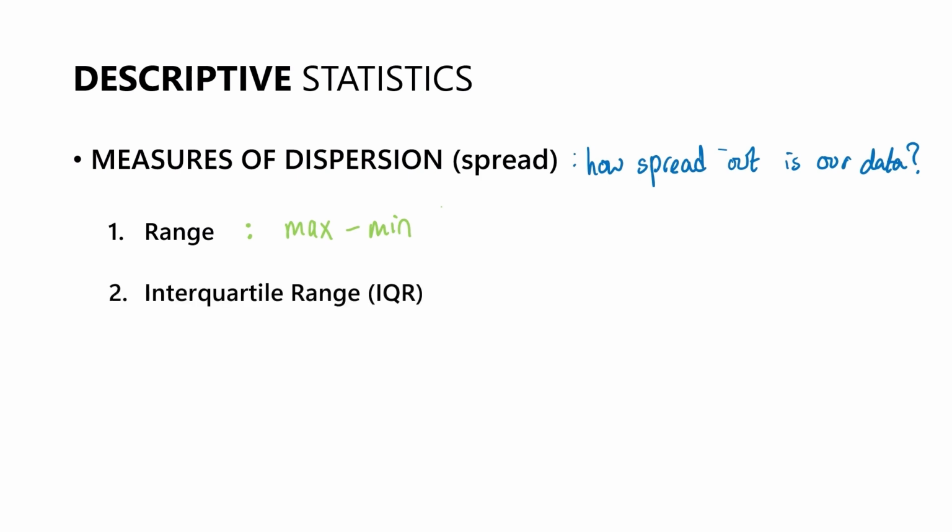The second one we have is interquartile range, or the IQR. This one is a little bit more complicated compared to range, but what it does is measure the spread in the middle 50% of the data. So what it does is it splits the sorted data into 4 equal segments. So let's say we have a lot of data values here.